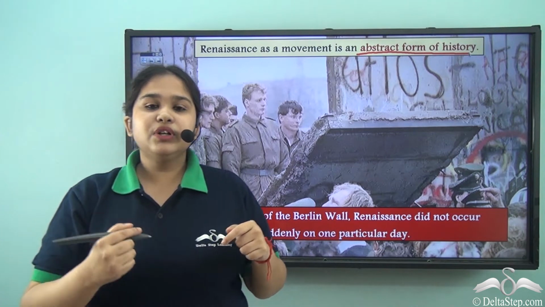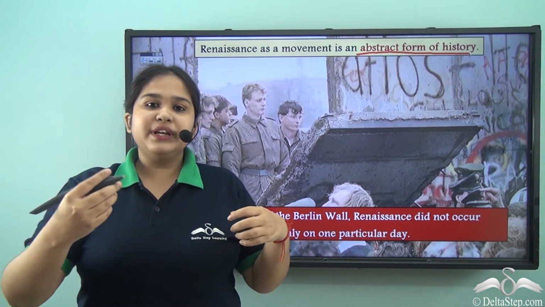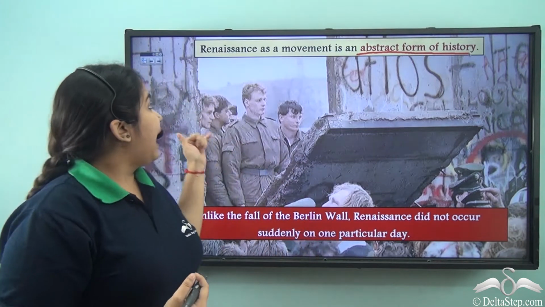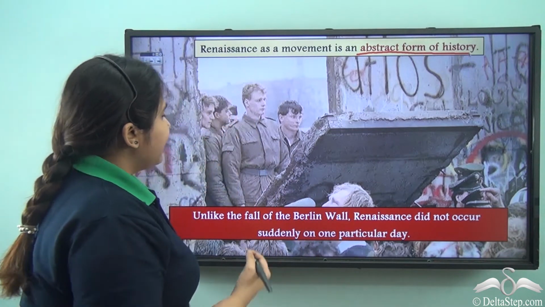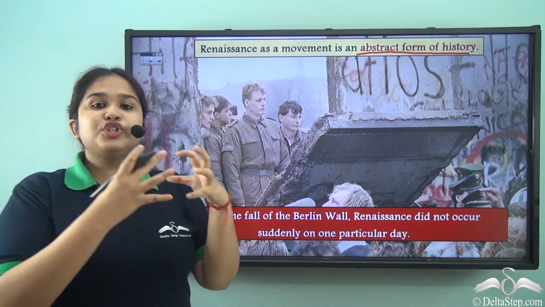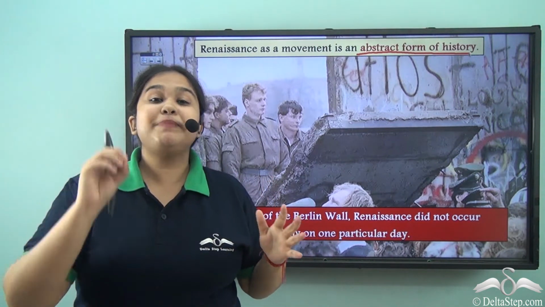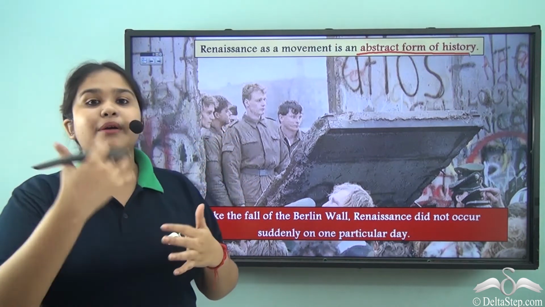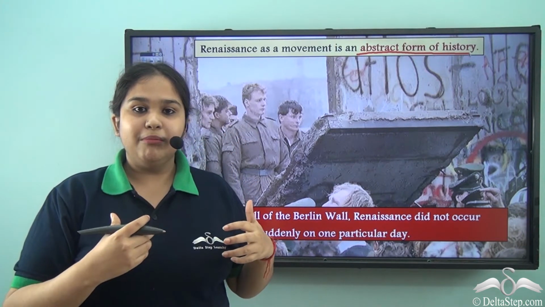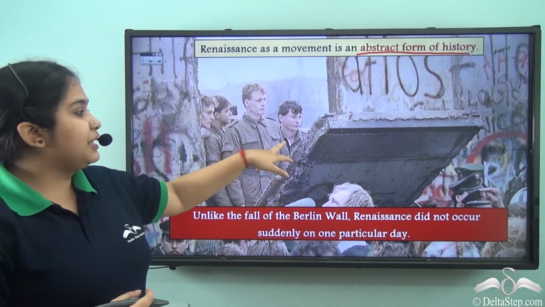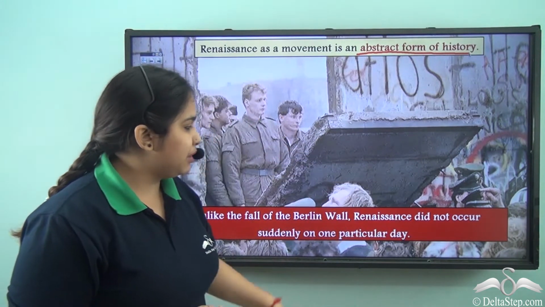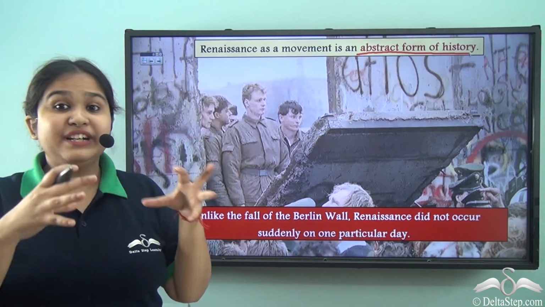Why so? Because it is not like, we can say that, oh, let's come out, Renaissance is here, right? So, ideally, therefore, this period becomes a form which cannot be identified by a specific factor, okay? For example, if we just try to compare it with a modern day example, when Berlin Wall fell, you can see the picture here of the army demolishing the Berlin Wall and people who were witnessing it.